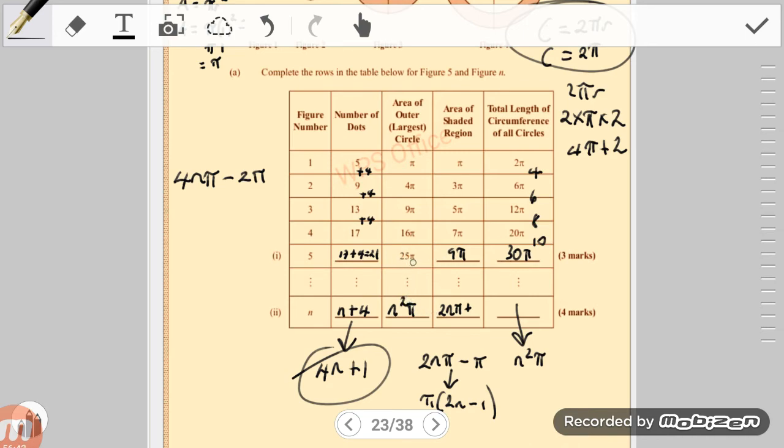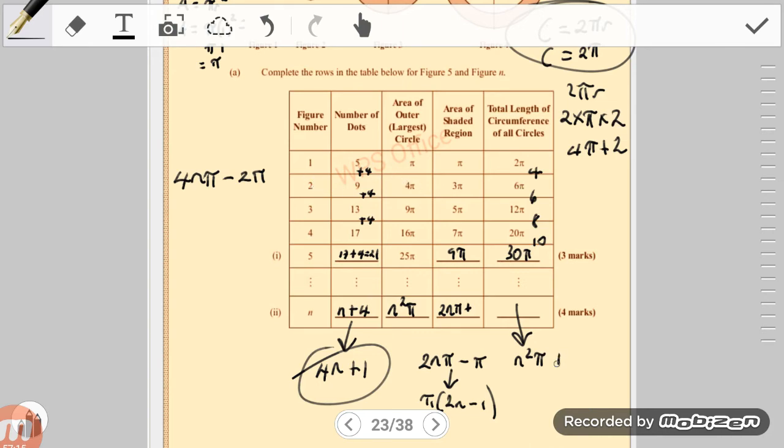But notice that from here to here, I'm increasing by the actual figure, because 25 plus the actual figure is 30. 16 plus the actual figure is 20. 9 plus the actual figure is 12. Okay, I'm seeing a pattern, guys. 4 plus the actual figure is 6 pi.